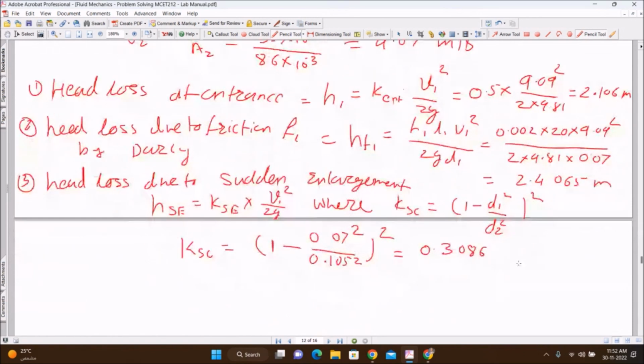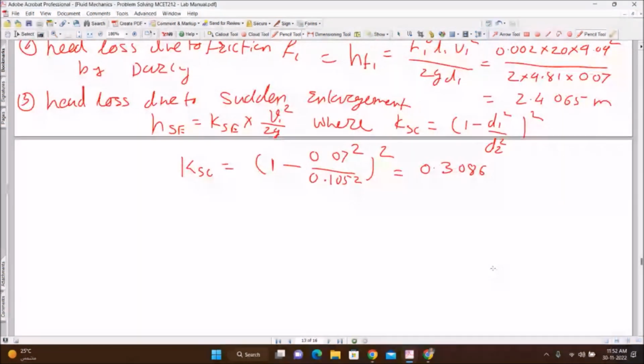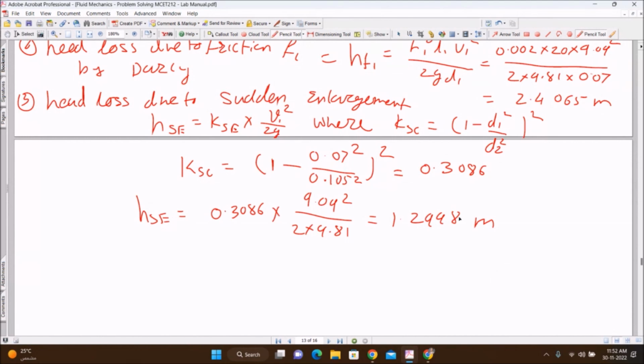So we'll put this value above and we'll calculate HSE, which is 1.2998 meters.